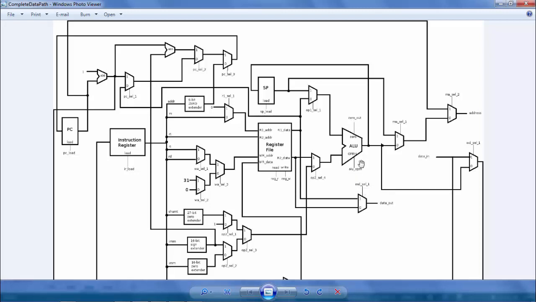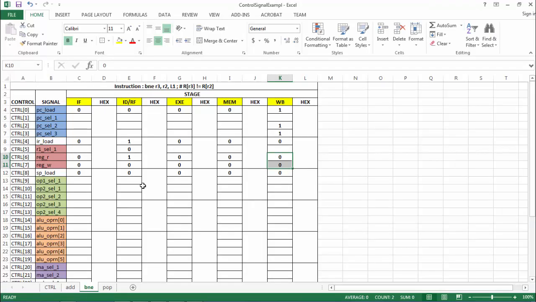So the ALU operation is basically your subtraction code in the exe, and we want to make sure OP select 1 is 0 and OP select 4 is 0. Sorry, 4 is 1 in this case, right? So OP select 1 for the exe phase is 0 and OP select 4 is 1. Important.